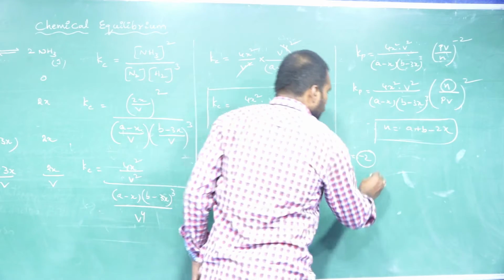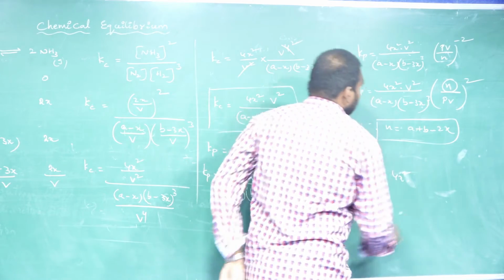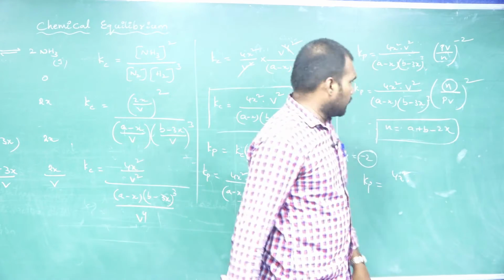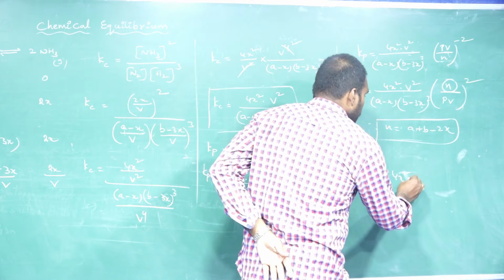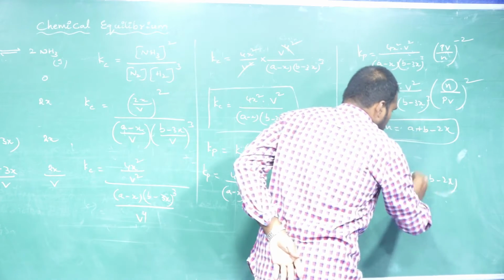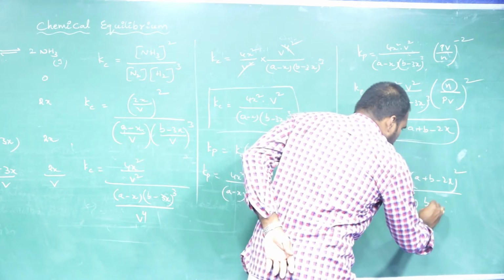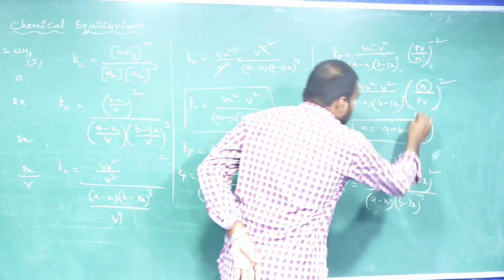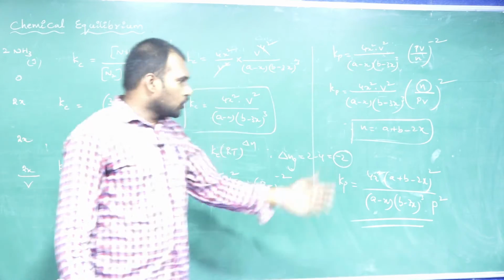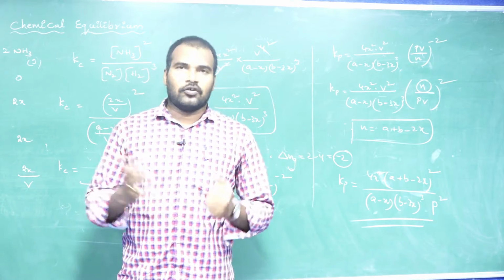Substituting, finally Kp is 4x square, and one more thing, this V square and this V square will be cancelled. So the remaining is 4x square into N value, A plus B minus 2x whole square, by A minus x into B minus 3x whole cube. The remaining is P, that is P square. This is the formula to calculate Kp of the formation of ammonia from nitrogen and hydrogen.